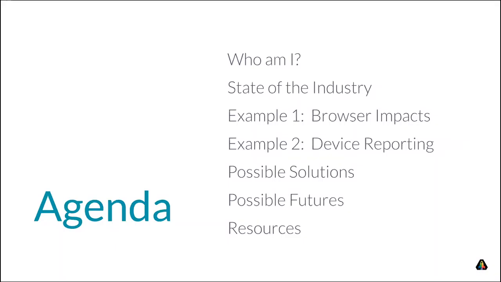I'd like to talk a little bit about some things that you could look at for mitigating or solving some of these issues. I'd like to talk a little bit about the things that I think might be coming out down the road. And then finally, I have a list of links for people to reference if they want to dive deeper into some of what I've been talking about at a future point.